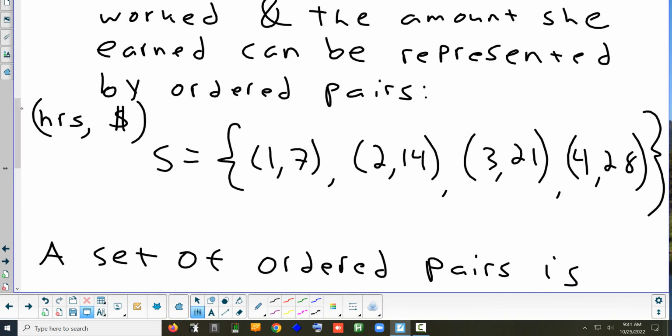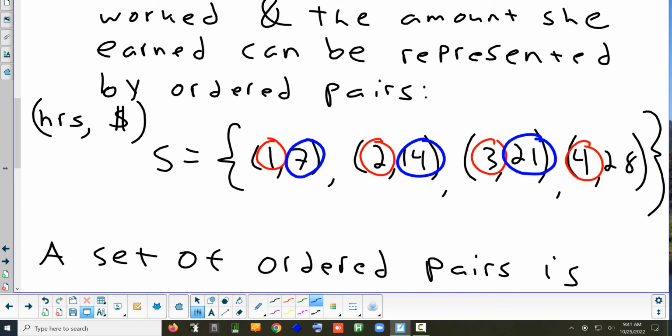Now, there's 8 different numbers in these coordinates. 1, 2, 3, and 4. And what do the 1, 2, 3, and 4 represent? Yep. In our word problem, the hours. So those are the hours.